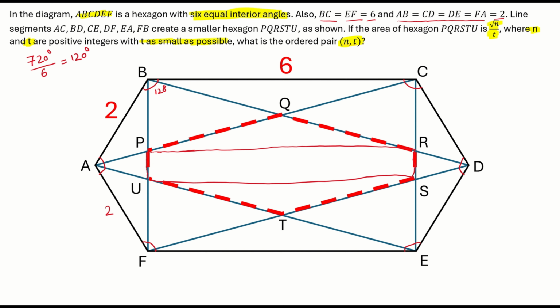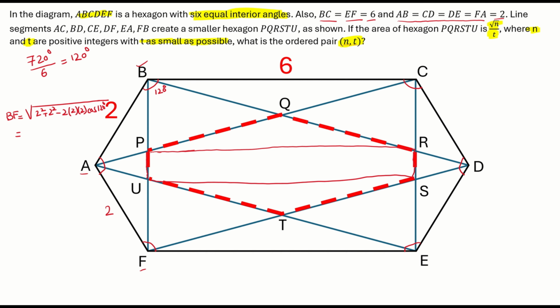I have a triangle ABF, and two sides of the triangle are known, and the angle between those two sides is also known, equal to 120 degrees. So we can utilize the cosine law to calculate the third side. BF is equal to the square root of 2 squared plus 2 squared minus 2 times the two sides and the cosine of the angle between them.